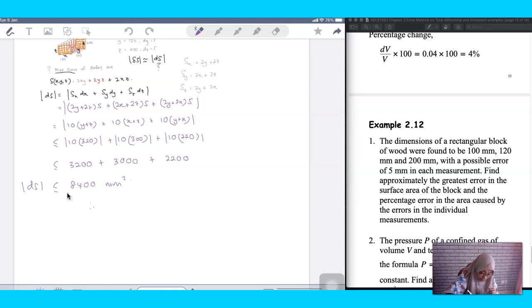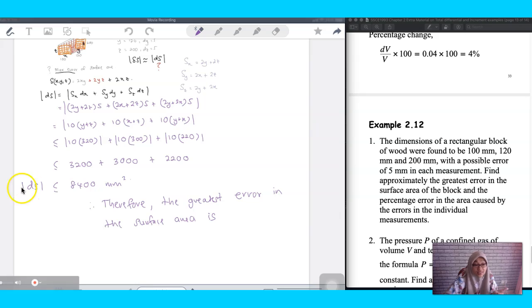So therefore, from the inequality, you can see that the maximum error. So you answer back the question. So the greatest error in the surface area is what?